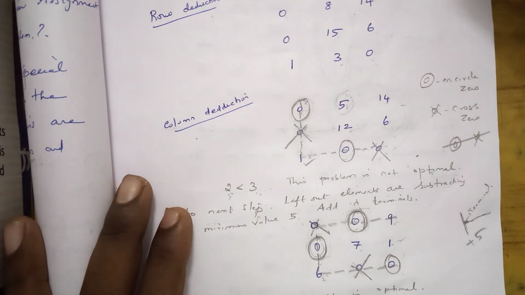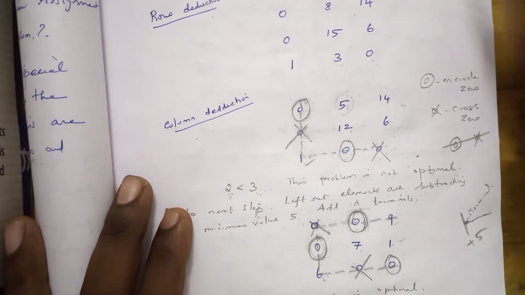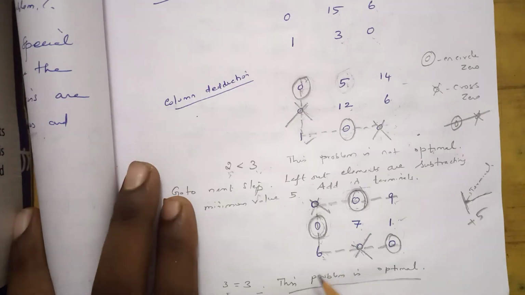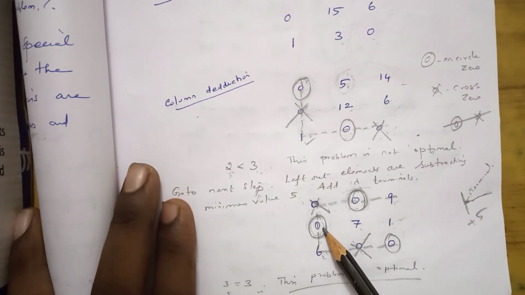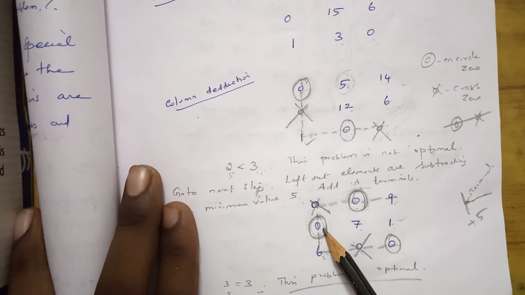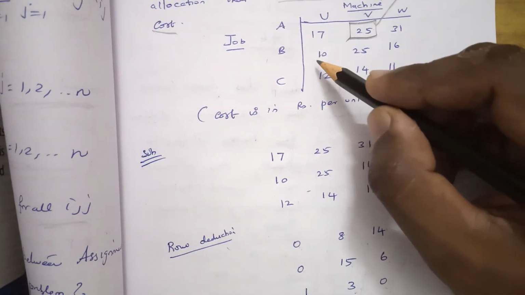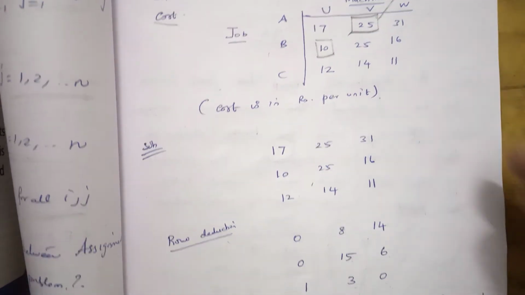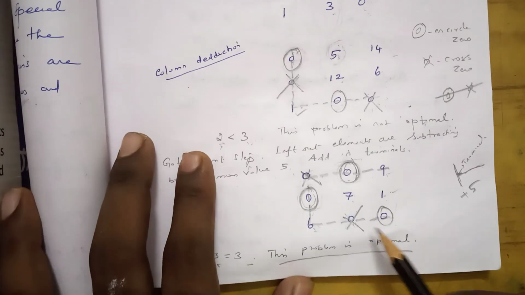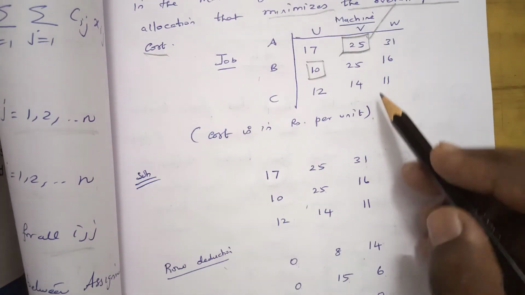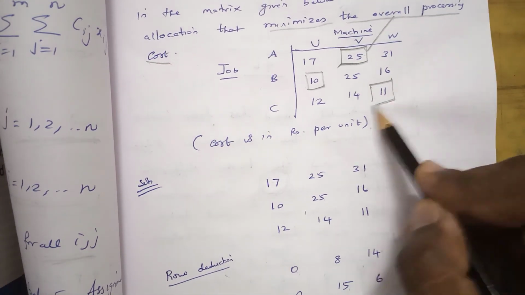The corresponding value for the encircled 0 is 25. Again we take the next encircled 0, and the corresponding value is 10. Next we take the encircled 0, and the corresponding value is 11.